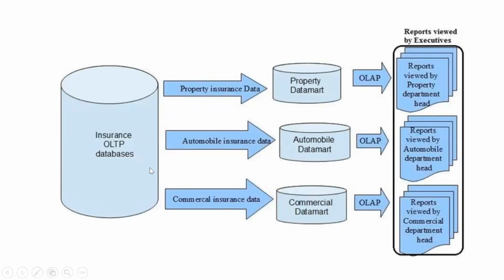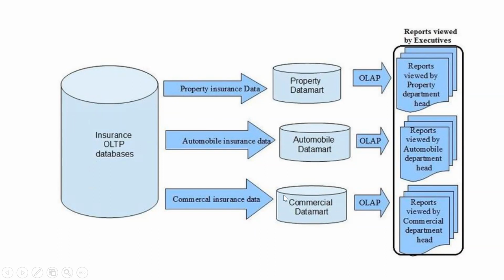Again, a representation of things. OLTP system. This is property insurance data. It's been stored in property data mart. We have an insurance company OLTP system. Okay. There we are storing property related information. We are storing automobile related information.